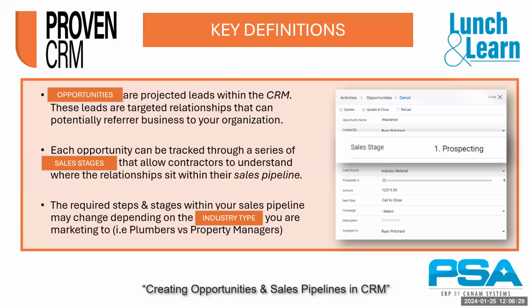So we have to define these different sectors within our CRM so that we can properly organize the steps we need to take to go from someone who fits our target market to someone who's referring business to us on a regular frequency.